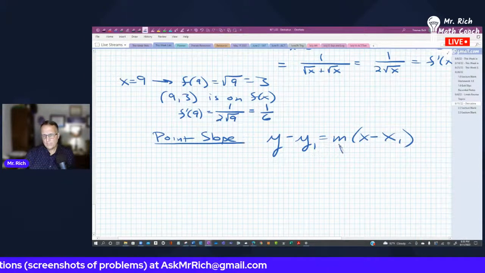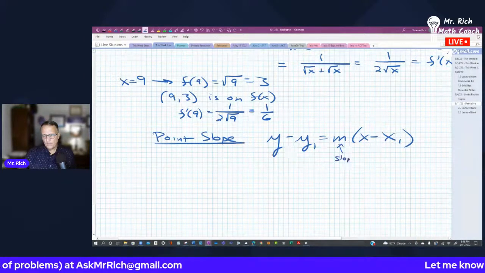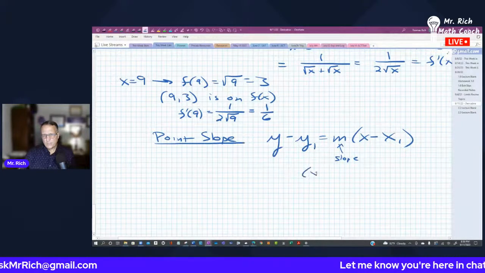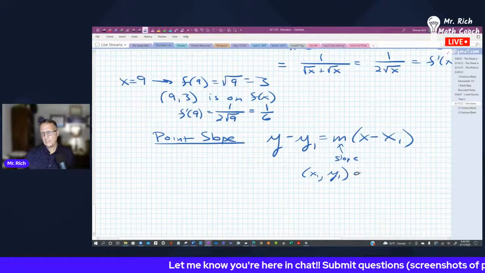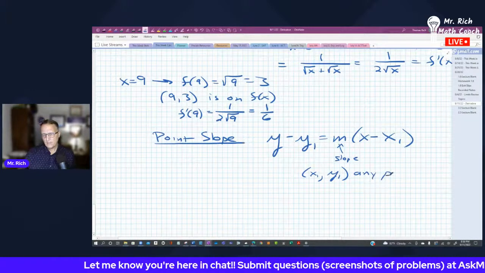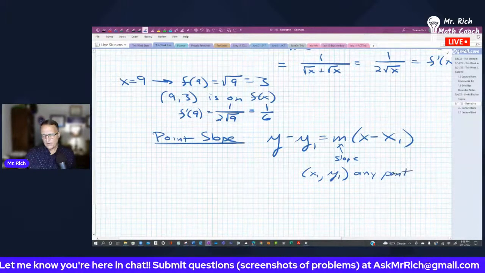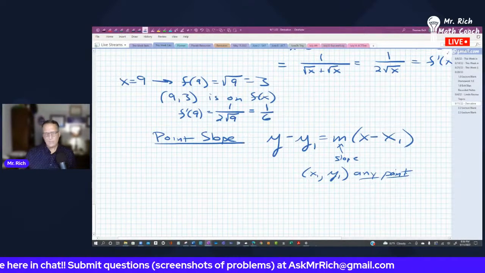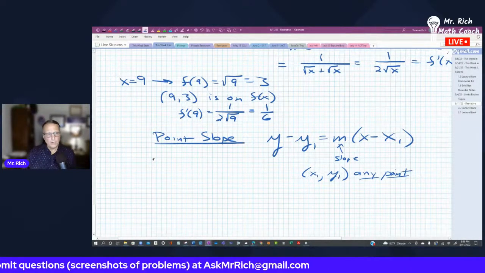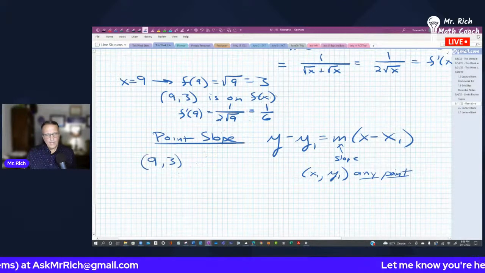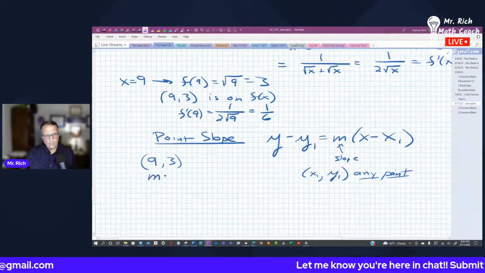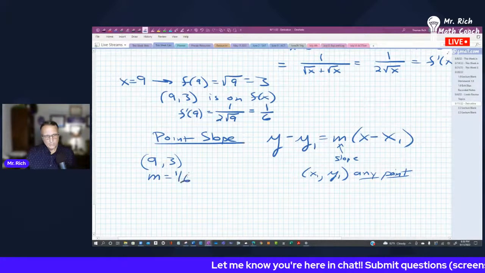So m is the slope right here, but my x1, y1, as you learned in your algebra classes, is any point that is on the line of interest, any point. For us, we have a point that we're interested in, 9, 3, and we know the slope at that point, which is 1/6.